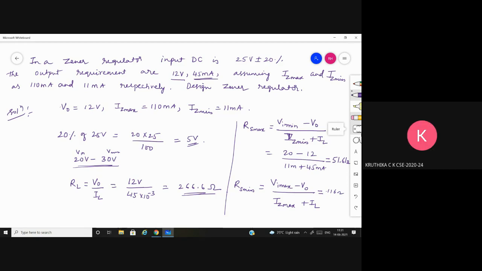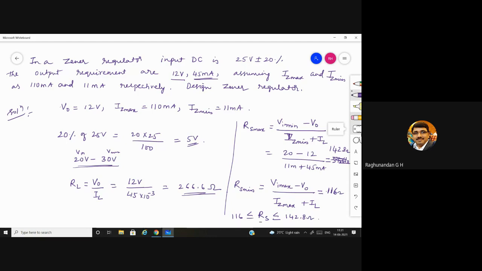So that is 142.8 ohm, because RS max should always be greater. And is this fine, 116? Yes, sir. So the resistance you need to choose should be between 116 to 142.8 ohm.